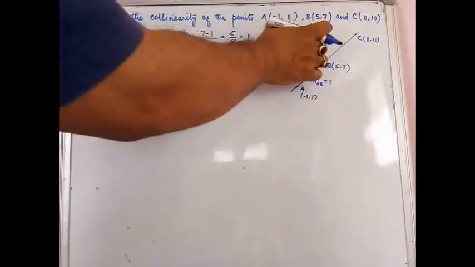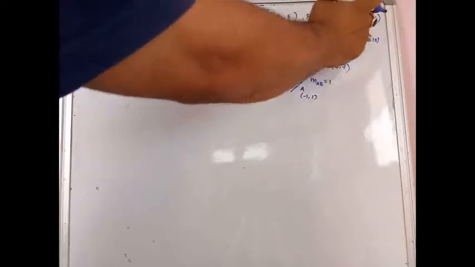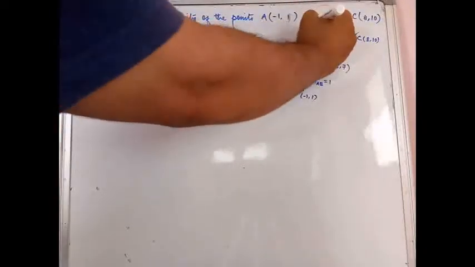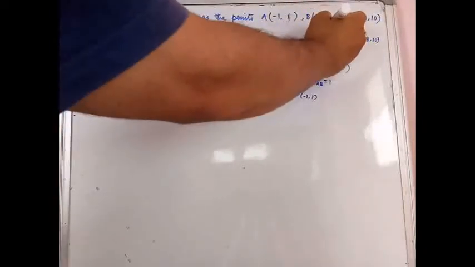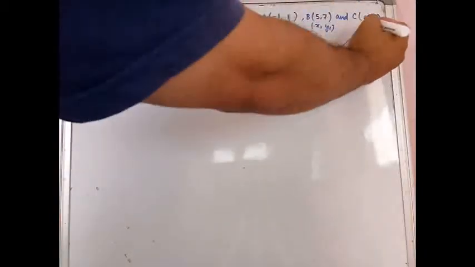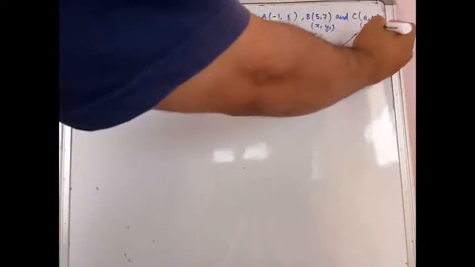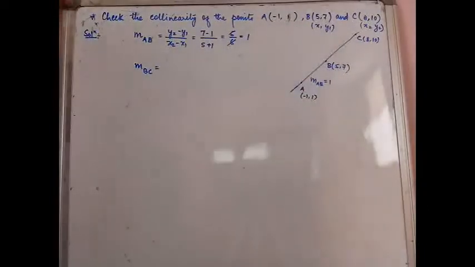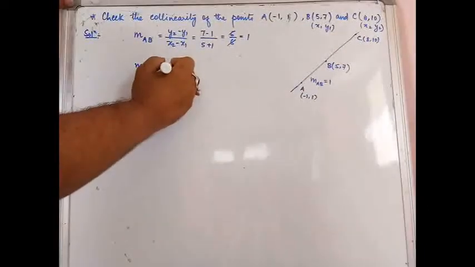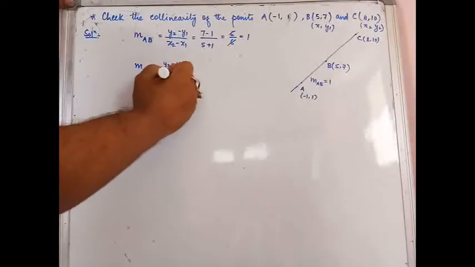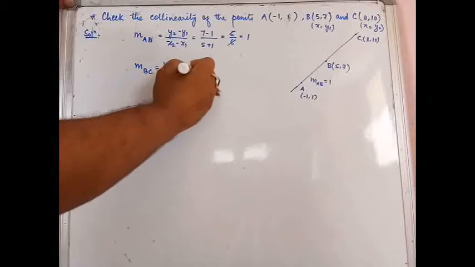Okay, similarly we will find out the slope of BC. This time I am going to take these 2 points B and C. So x1 y1 I will take as B and x2 y2 I will take as C. Again the formula is y2 minus y1 upon x2 minus x1.